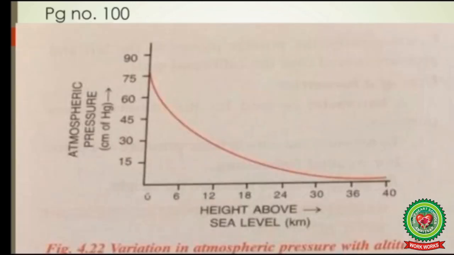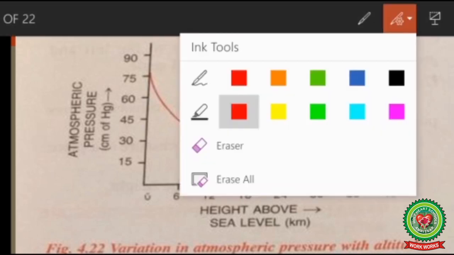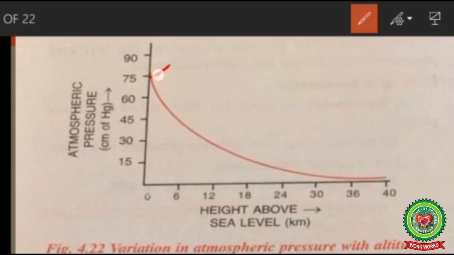Now let us understand it graphically. In this graph, it is given on your book on page number 100. Along x-axis, they have taken altitude or height above sea level in kilometers, and along y-axis, they have taken atmospheric pressure in centimeters of mercury. As you can see, at 0 kilometer, means at sea level, the atmospheric pressure is 75 centimeters of mercury here.